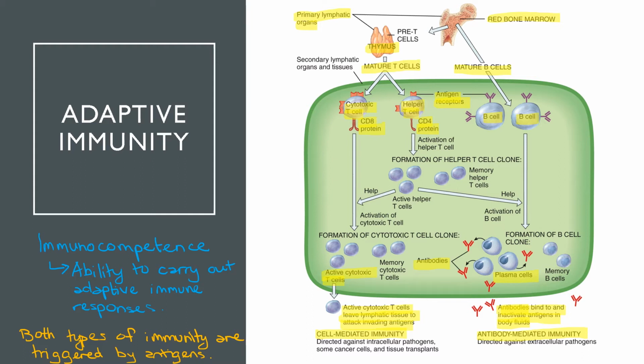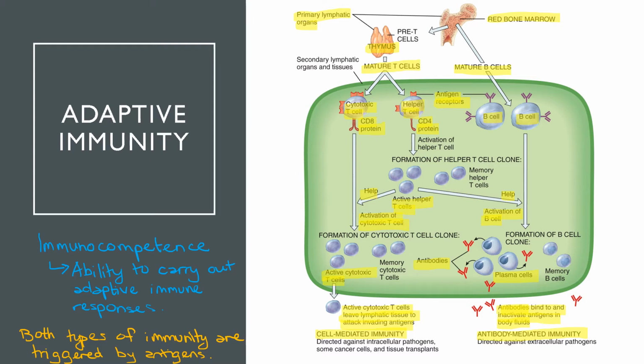So helper T cells will become activated and they will help to activate cytotoxic T cells, where we get that activation of the cytotoxic T cell. And they will also help to activate the B cells in antibody-mediated immunity. So helper T cells, just like their name implies, are going to help other cells to become activated.